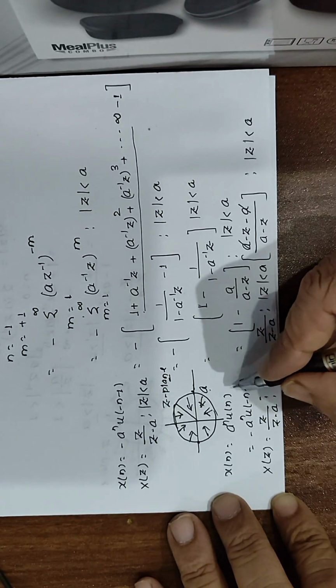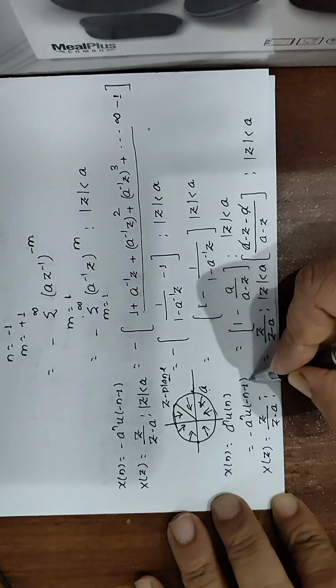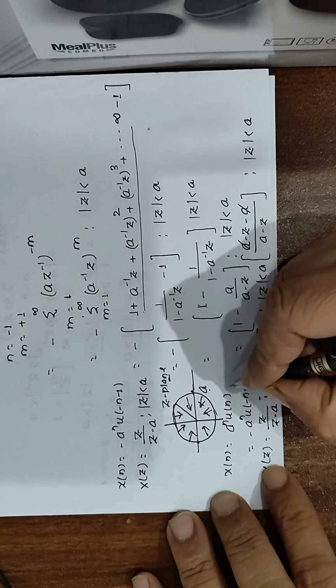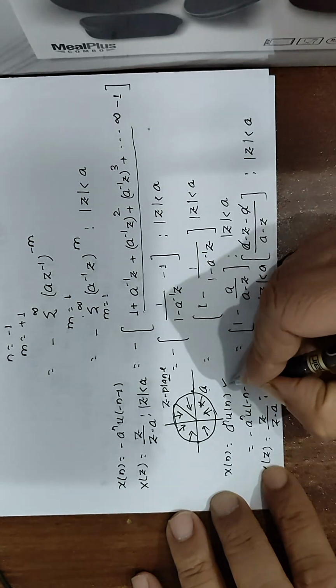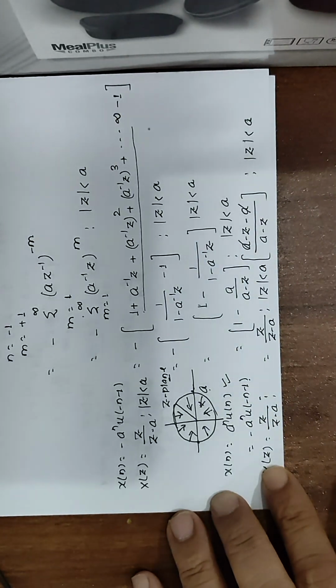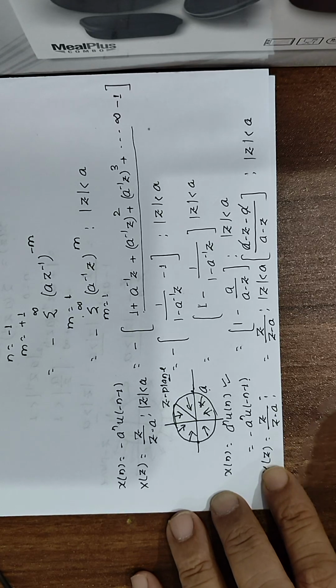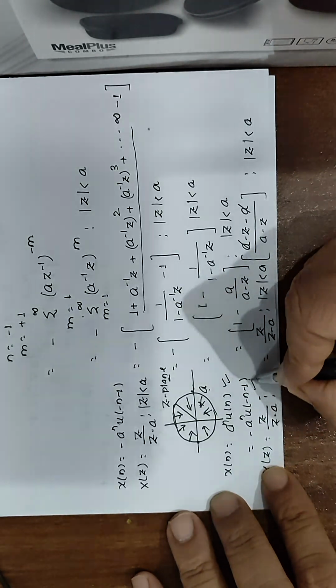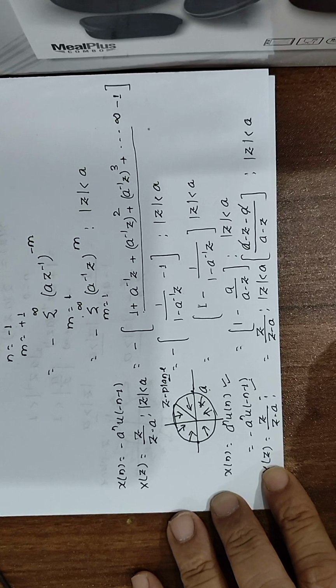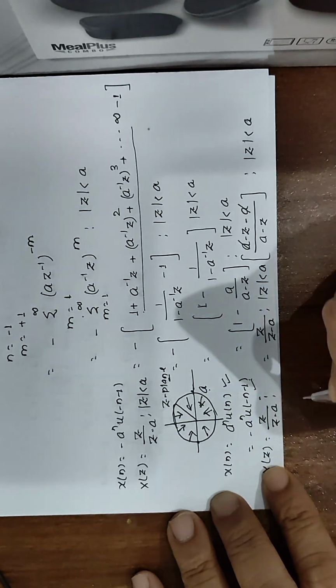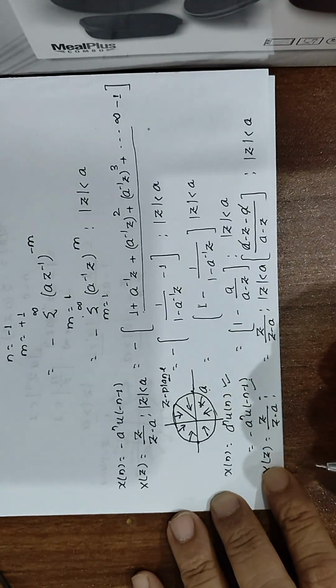Only these two differ by means of their ROC. For the causal sequence, the ROC is always outside of the circle. For a non-causal sequence, the ROC is always inside the circle of the z plane.